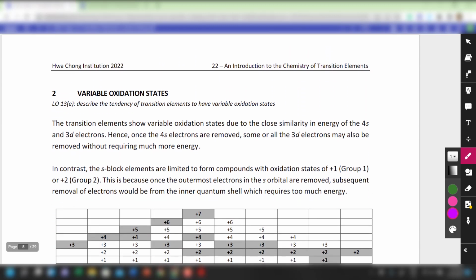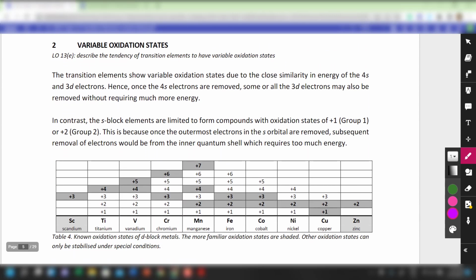Next we move on to section 2 on variable oxidation states. You are aware that the 4s and 3d electrons are quite close to each other in terms of their energy level. That means that once the 4s electrons are removed, some or all of the 3d electrons can also be removed without inputting much energy.